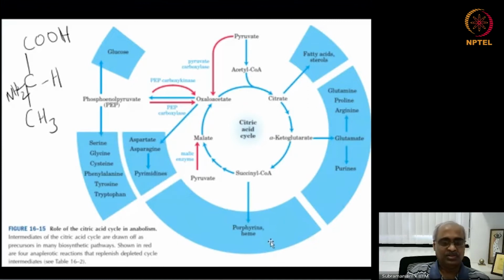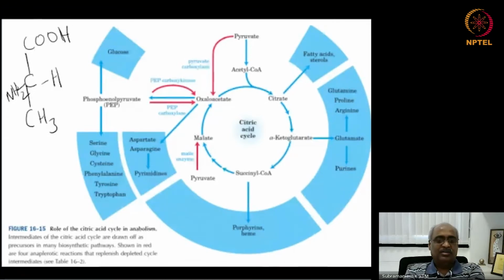Okay, so this is another reason why you want to go through this complex pathway of oxidizing acetyl-CoA. So this is the role of citric acid cycle in anabolism. Okay, so these red arrows, we are going to look at it probably in the very next slide. So all of this is happening in the mitochondrial matrix, and glycolysis happens in the cytoplasm.